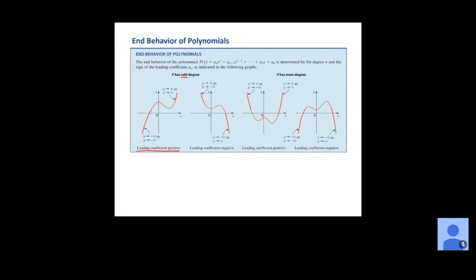Now, the way we actually describe that is we would say that as x approaches negative infinity, y approaches negative infinity also. And so as it goes down and to the left, our y values are going to negative infinity, our x values also going to negative infinity, so that would be the end behavior on the left-hand side there.